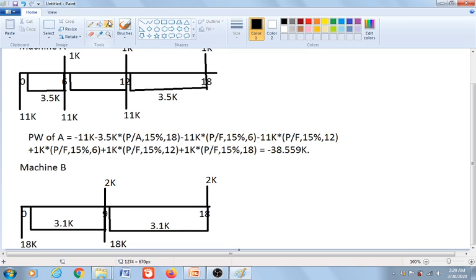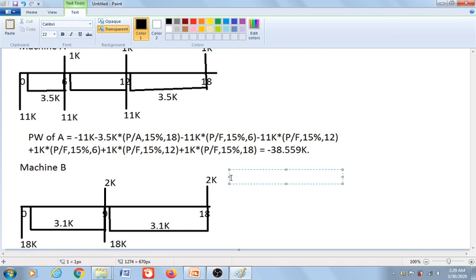Now the present worth of machine B equals minus 18k, that is for the 18k at year 0, and then minus 18k times, this is for the second 18k, P over F, 15%, 9.